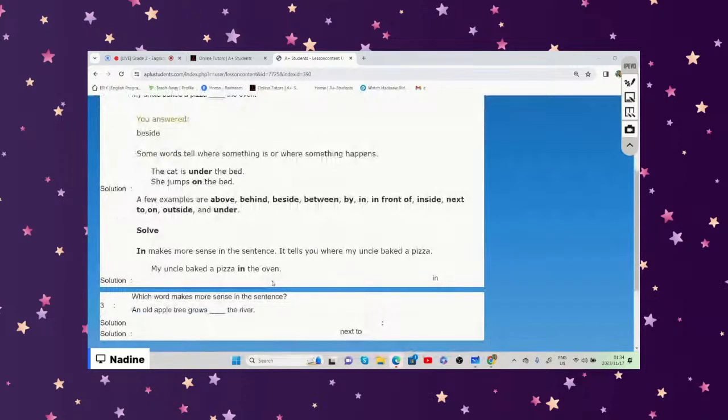So an apple tree grows, and we can say next to a river. So next to the river.